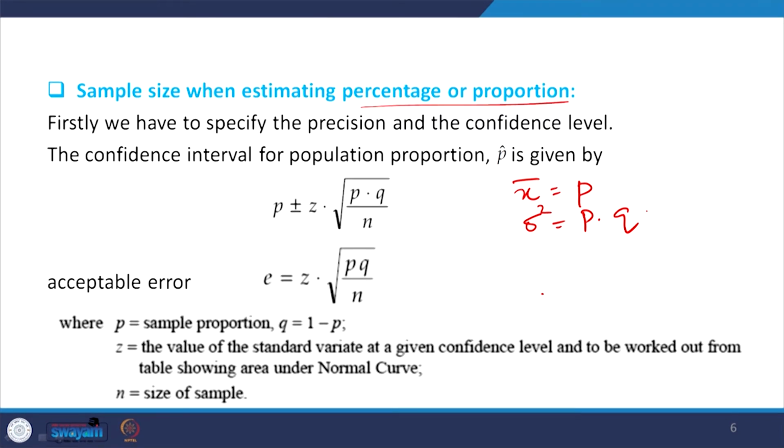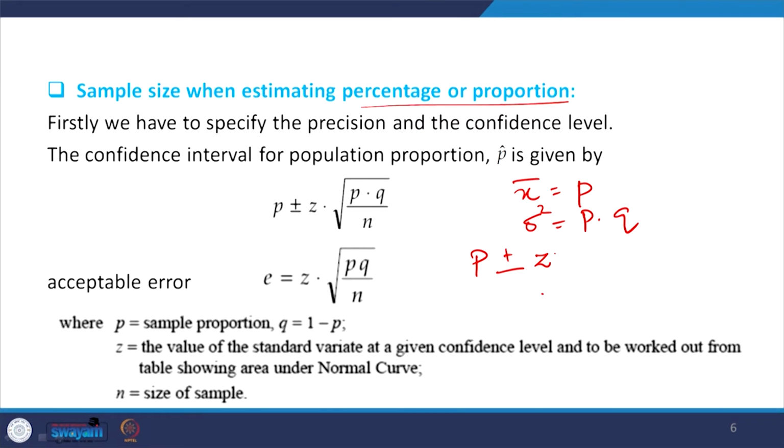Now, if this is the context, then what is the confidence interval? It is p plus minus z times, if you convert that distribution into z values. How to convert? The conversion through z value is x minus mu divided by the standard deviation.